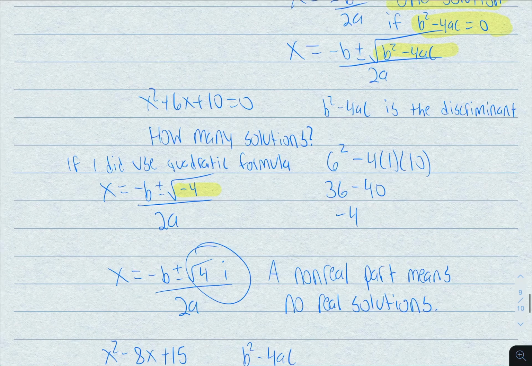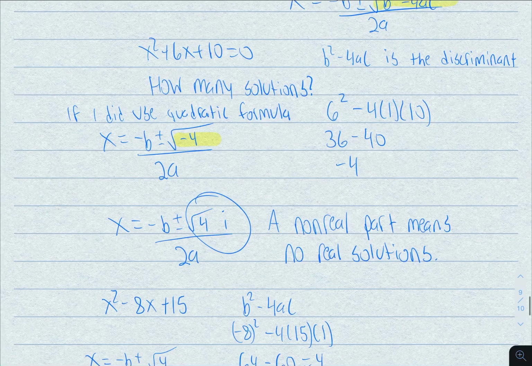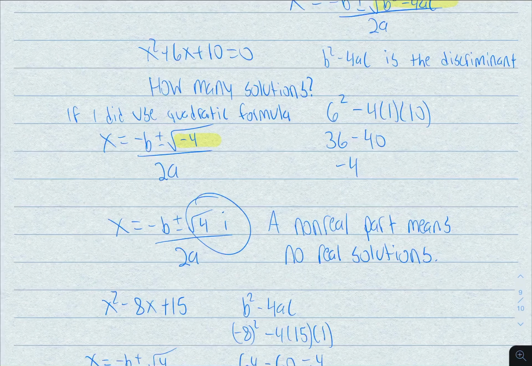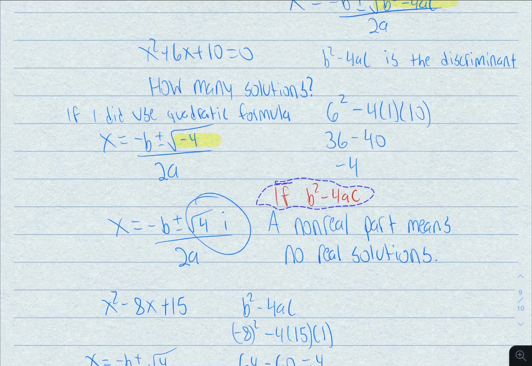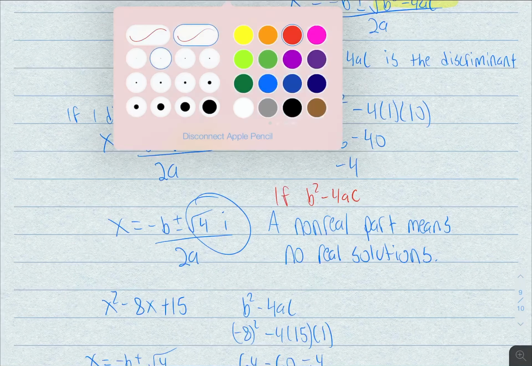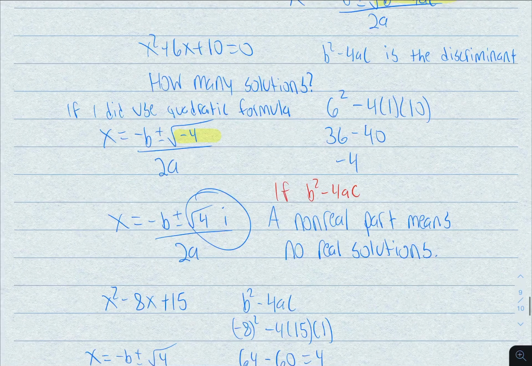And what I didn't write here, but I can write now, is that a non-real part has no real solutions if b squared minus 4ac, let me write this in a different color, is less than 0.